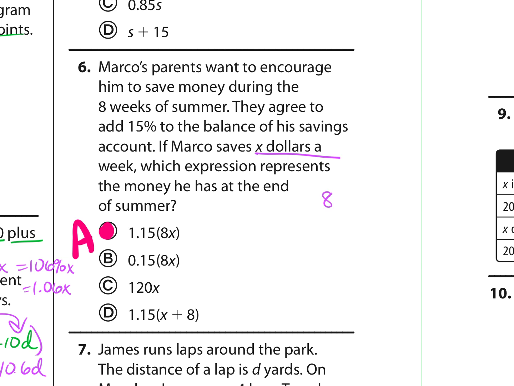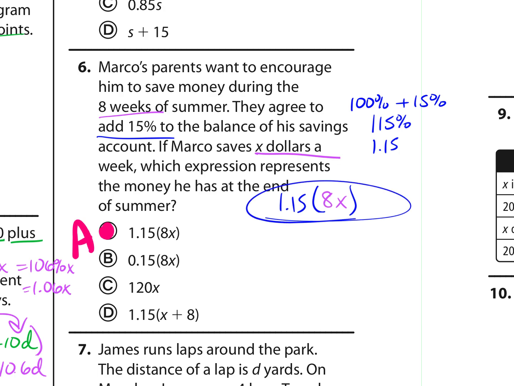So he's earning 8 times X amount of money for the 8 weeks. Then they're going to add 15% to the balance. So he had 100% of something, and we add 15%. That gives us 115%, which is 1.15. So I could multiply this by 1.15 to get answer choice A.